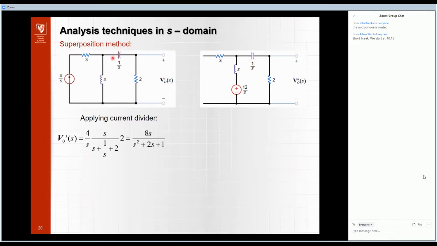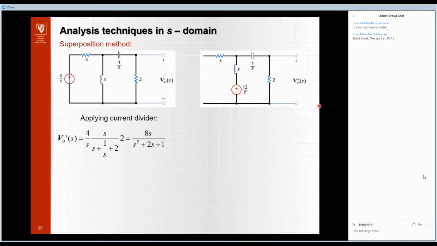When I want to calculate the current which flows in this part of the circuit, in the denominator I should put just S, and the impedance from this part of the circuit. This is the current source and current divider, and as a current divider I have the current which flows in this part, and when I multiply it by this resistor I obtain the V0 prime, and this is the result for this voltage.